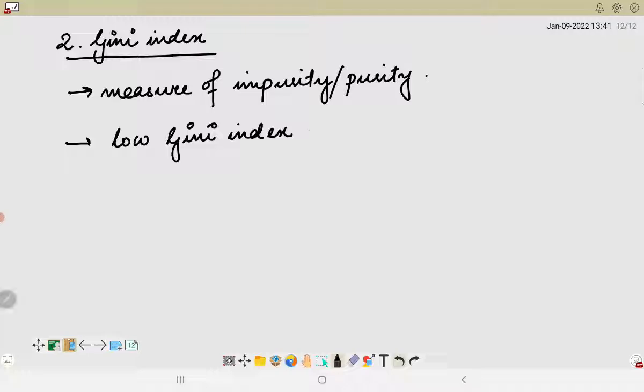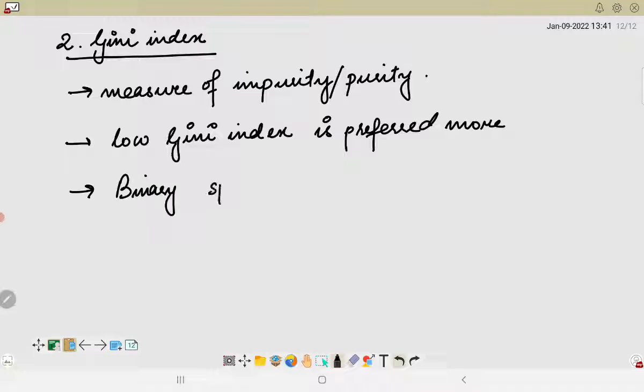So lower Gini index is preferred, and it only creates binary splits. Now in information gain, when we were calculating, it can create multiple splits. However, here only binary splits are created, and the CART algorithm uses the Gini index to create binary splits.